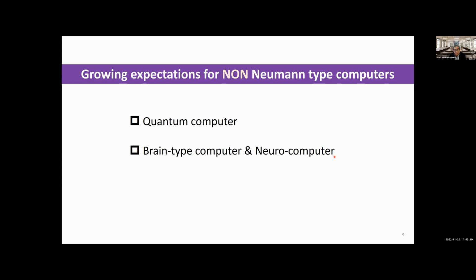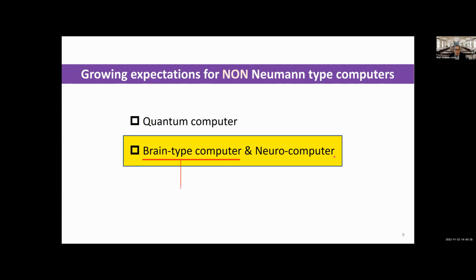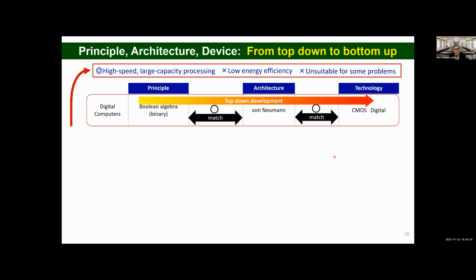In this webinar, we concentrate on the brain-type computer, especially the brainmorphic computer. Before going to brainmorphic computing, we'd like to review how digital computers have been developed so far.